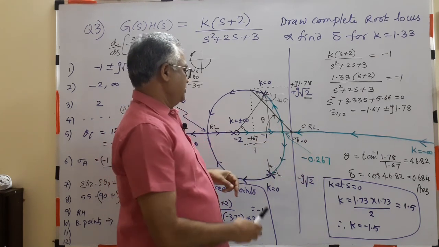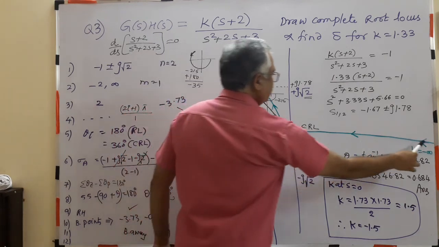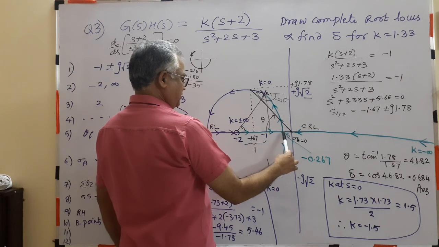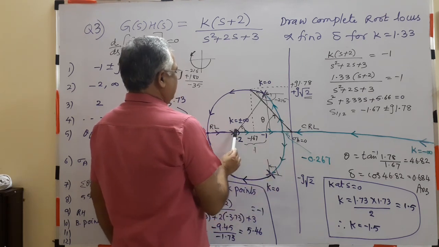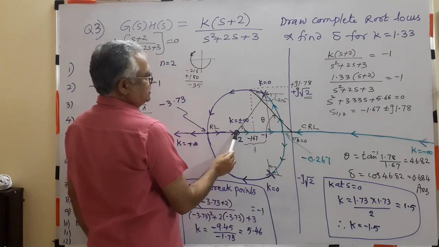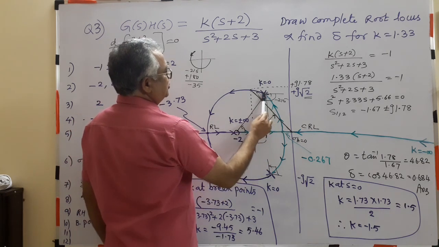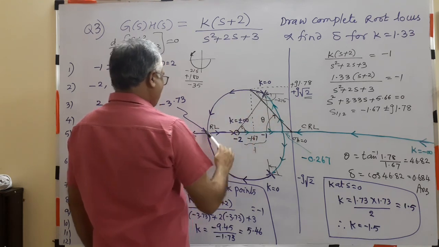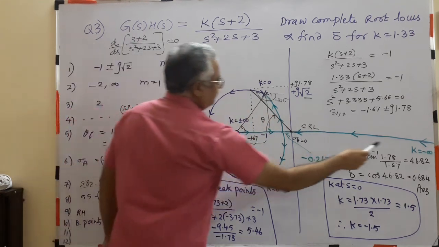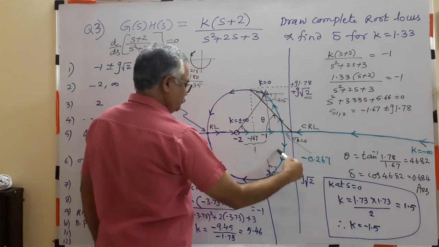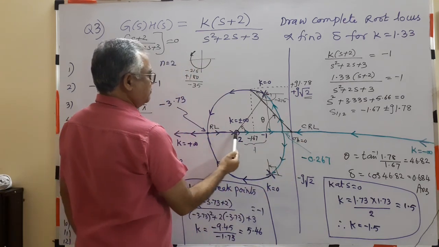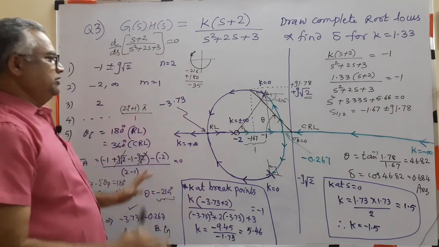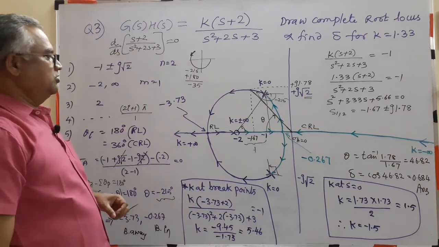So from minus infinite to the break in, then come like this. Plus infinite already over, minus infinite to 0, plus infinite. So this is how the complete root locus looks.